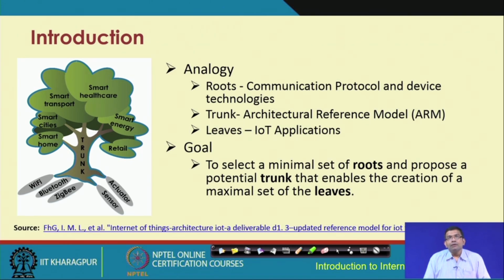So, overall from an optimization viewpoint, the goal can be stated like this: we need to select a minimum set of roots and propose a potential trunk that enables the creation of a maximum set of leaves. This can be thought of as the overall optimization objective in this particular context.